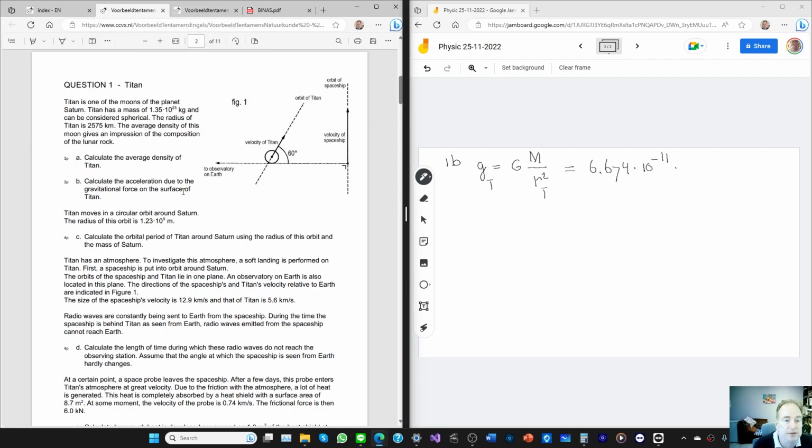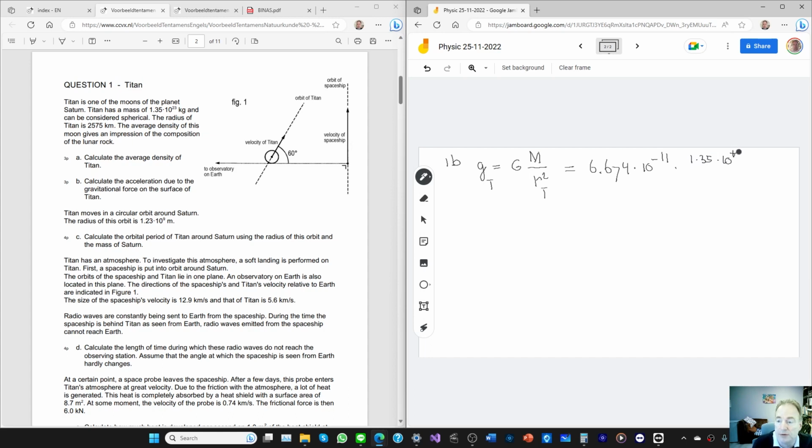Then the mass of Titan, we talk about the surface of Titan here, 1.35 times 10 to the power plus 23, of course. And again, we have this radius here, which we need to square.